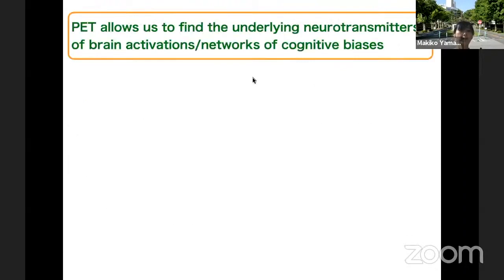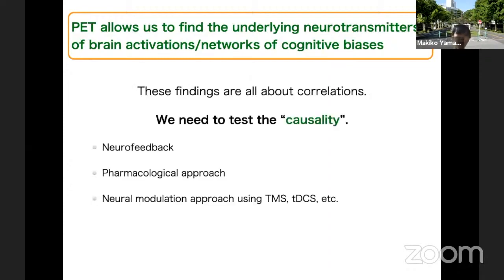So far, I have shown that PET is useful to find the underlying neurotransmitters of brain activations or networks of specific cognitive biases. But these are all about correlations, and we need to test the causality.